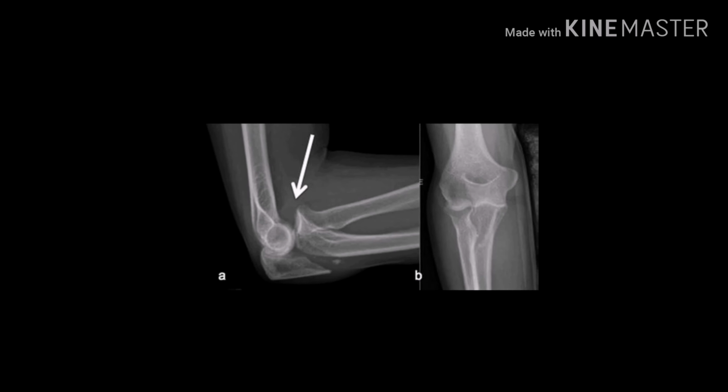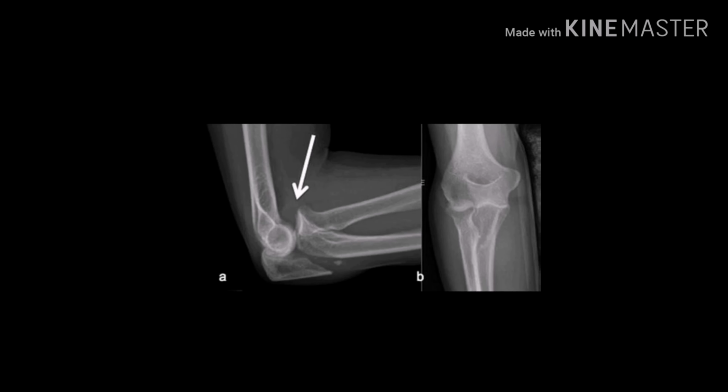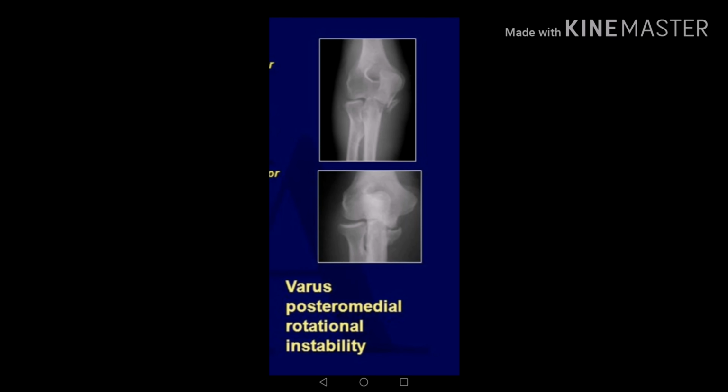Varus posteromedial rotational instability pattern injury, anterior olecranon fracture dislocation, like this one, posterior olecranon fracture dislocation. And this is the varus posteromedial rotational instability.